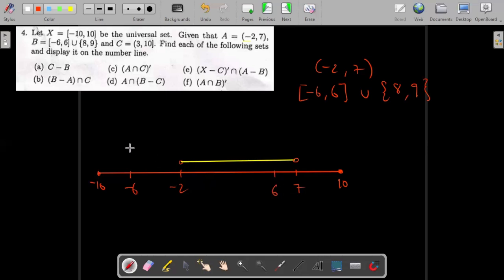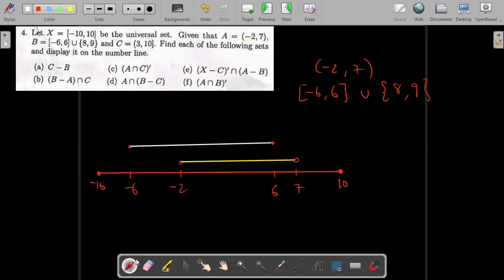When it comes to plotting, it is closed on both sides, so it is closed here and also closed there. This here is the interval that I'm having, and I'll put it in white. So that is the set B, from there to there.